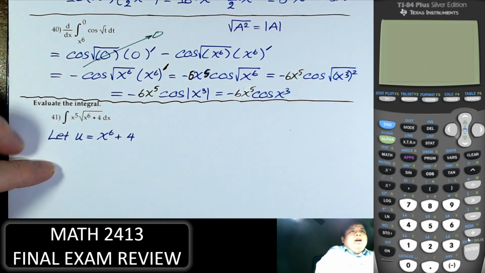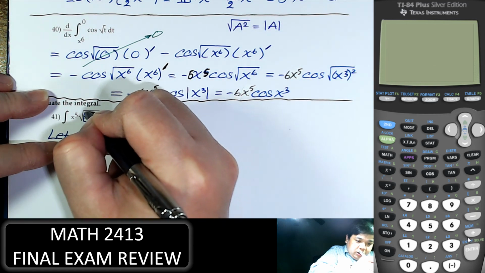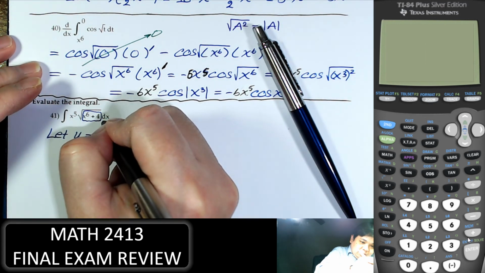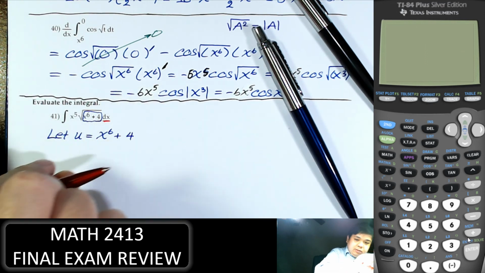Right, so we have x to the 6 plus 4 here is u. Now we just need to solve for the dx.